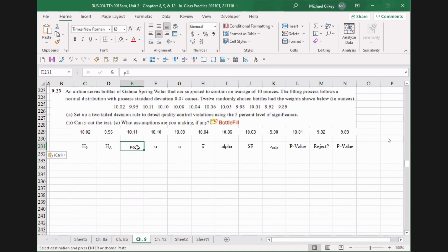Then the mean of our hypothesized distribution, standard deviation, sample size, sample mean, alpha, and then you can compute the rest of the values to determine whether we reject or not. Is everybody okay? Okay.